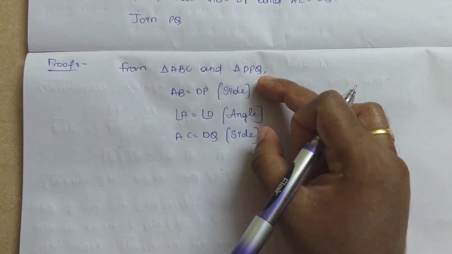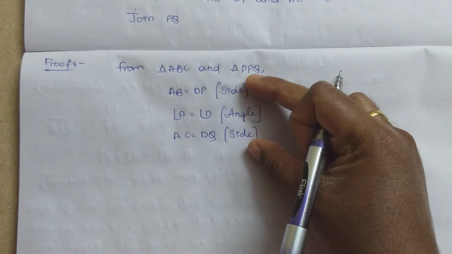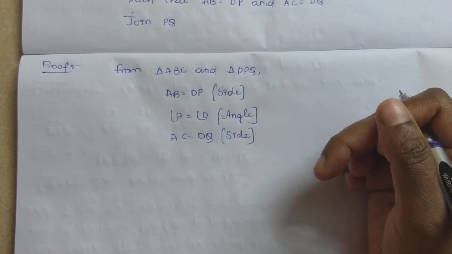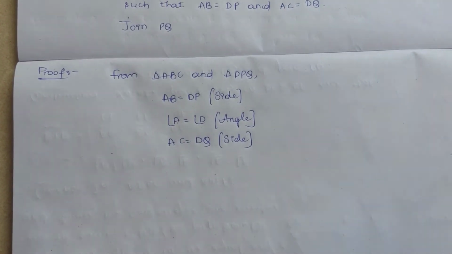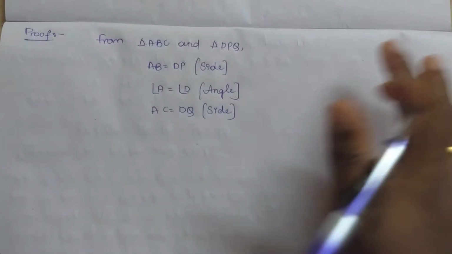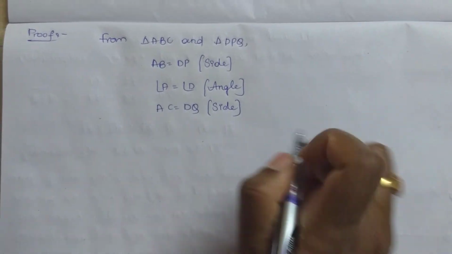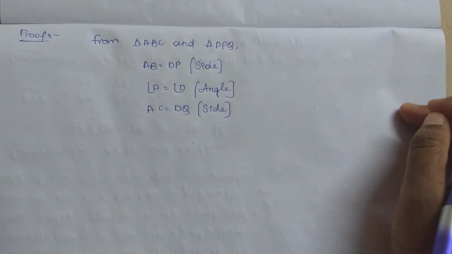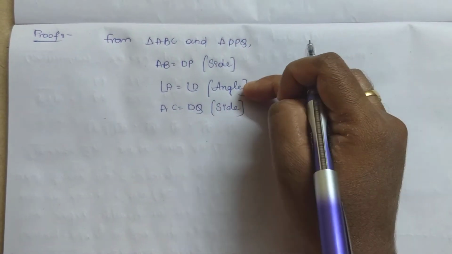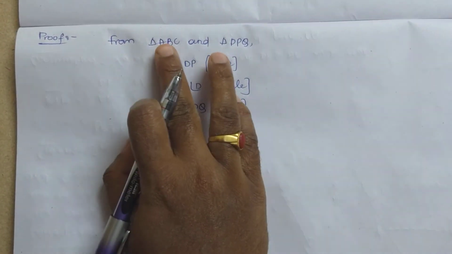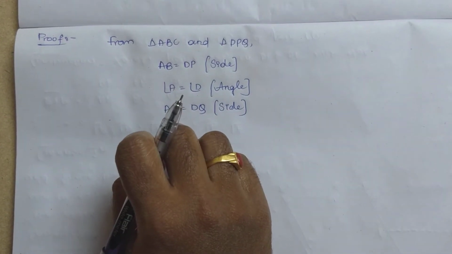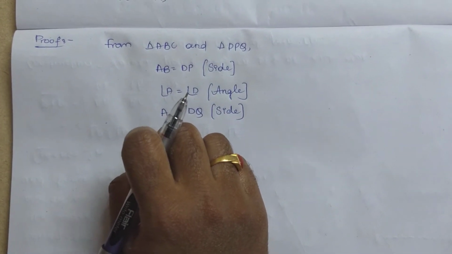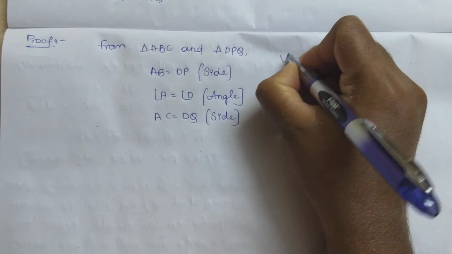So from these two triangles, two sides and one angle are equal. Then what can we tell? As per SAS congruency criterion, when two sides and the included angle are equal, then those two triangles are congruent to each other. Correct? So write the same thing here.